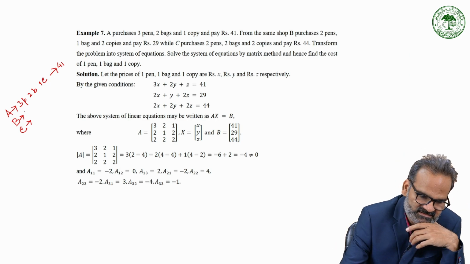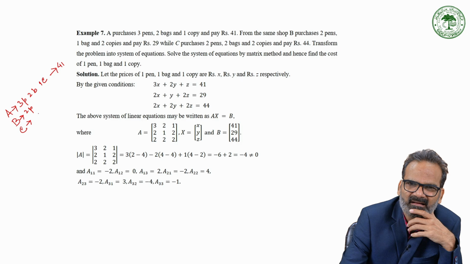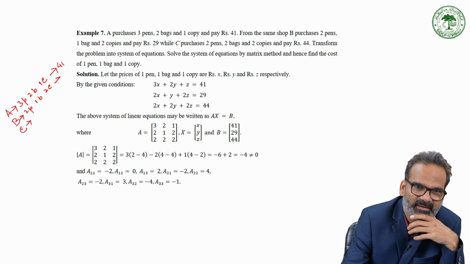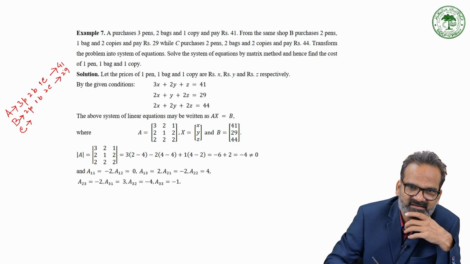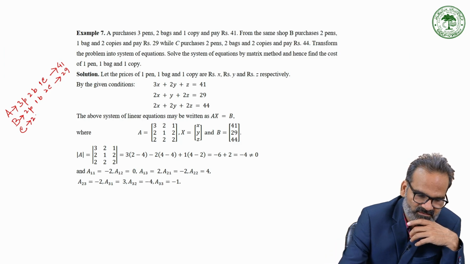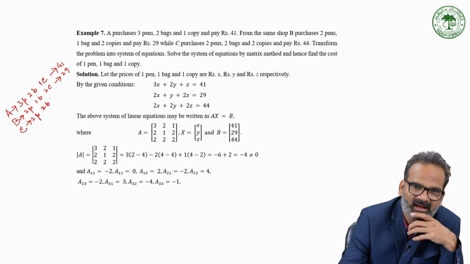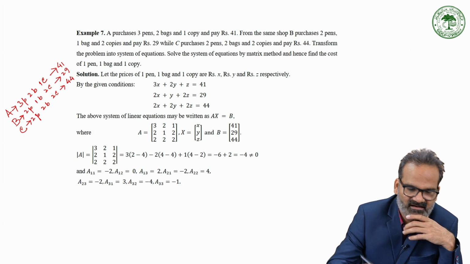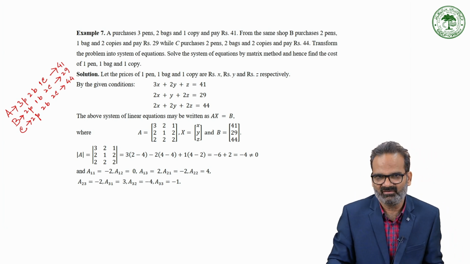B purchases 2 pens, 1 bag and 2 copies and pays rupees 29, while C purchases 2 pens, 2 bags and 2 copies and pays rupees 44. This is the data or situation of the problem.